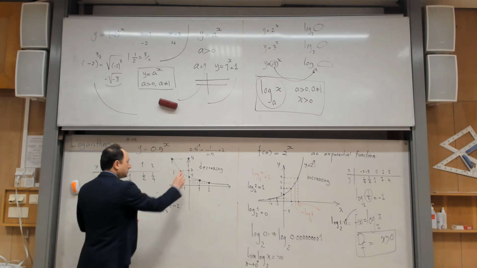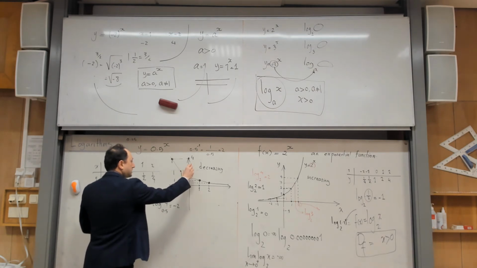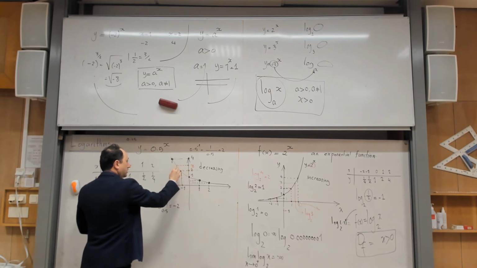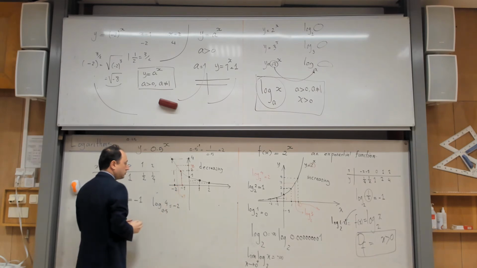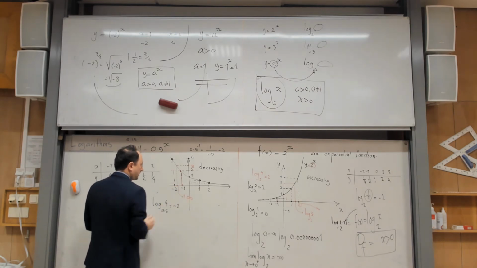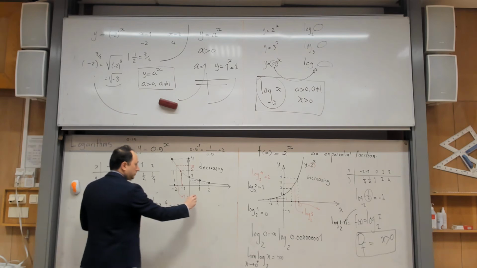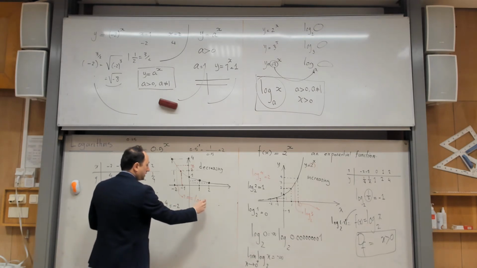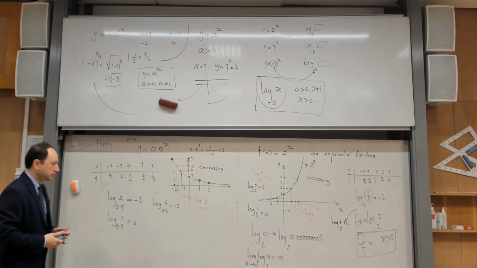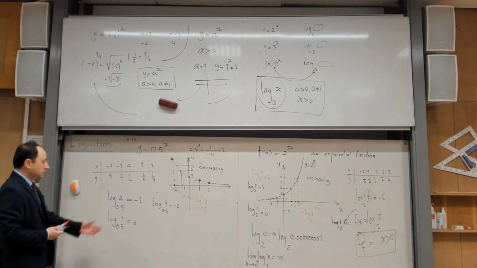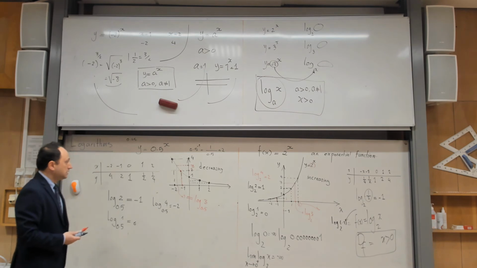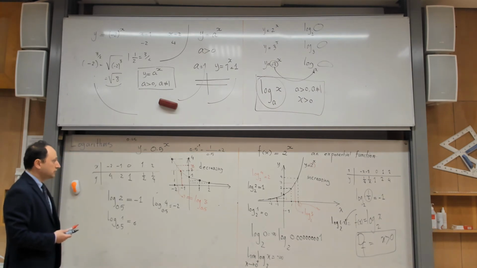If I ask you what is the name for this number, if I have this 3 here, if I go back, and if I ask you to write something for the question mark, what is the question mark here? Logarithm of which number? 3 in which base? 0.5. Yes?